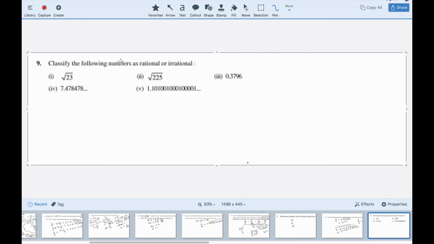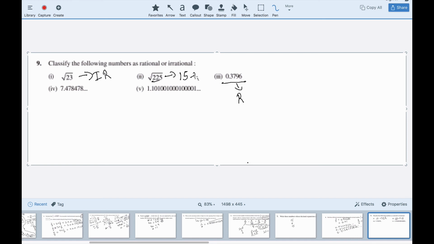Okay, classify the numbers as, now this is very easy. This is irrational because it is not a perfect square. 125, if we remember last year we have learned perfect squares, and 225 is the perfect square for 15. Next, now this is a decimal and it is a terminating decimal, so it must be rational.